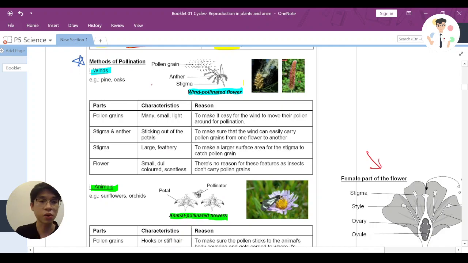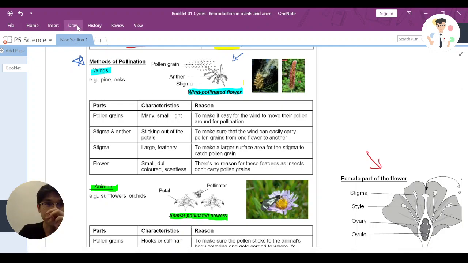Okay, so let's come back to the wind pollinated flower first. As you can see, the flower is kind of weird. It's not something that we usually draw in arts and craft. But this is a wind pollinated flower. As you can see, the anther and the stigma are outside, the flower doesn't look that nice, and there are a lot of pollen grains here.